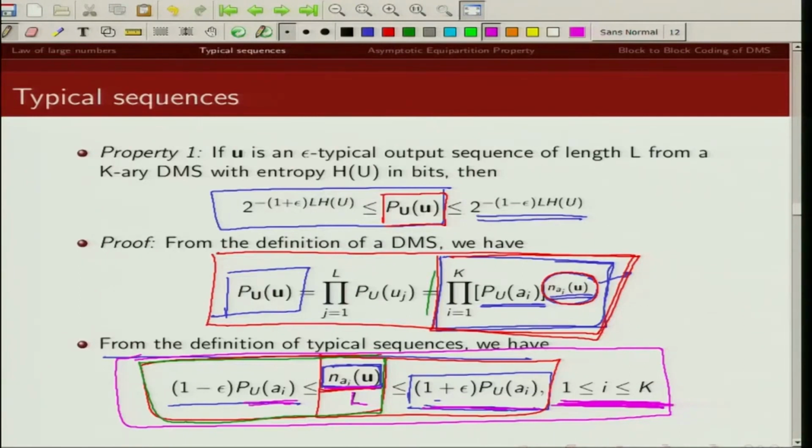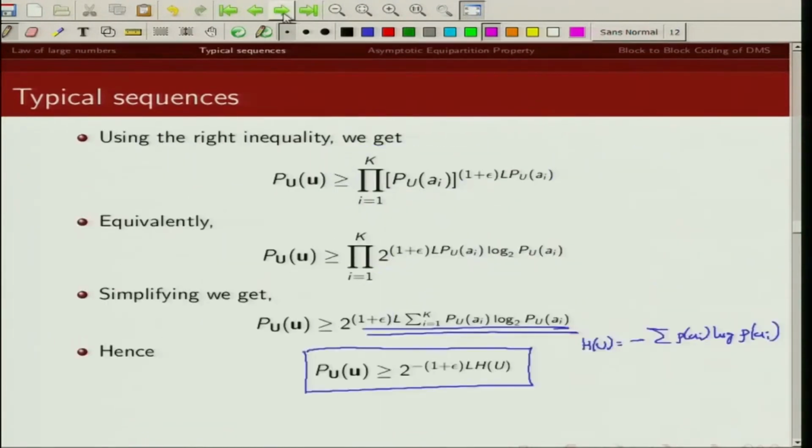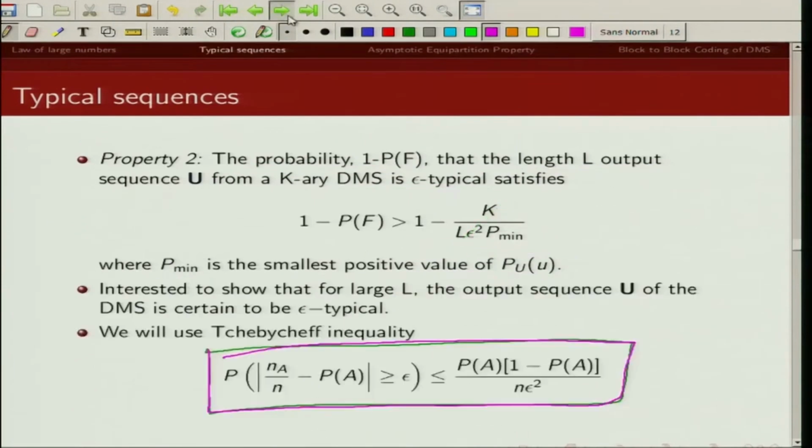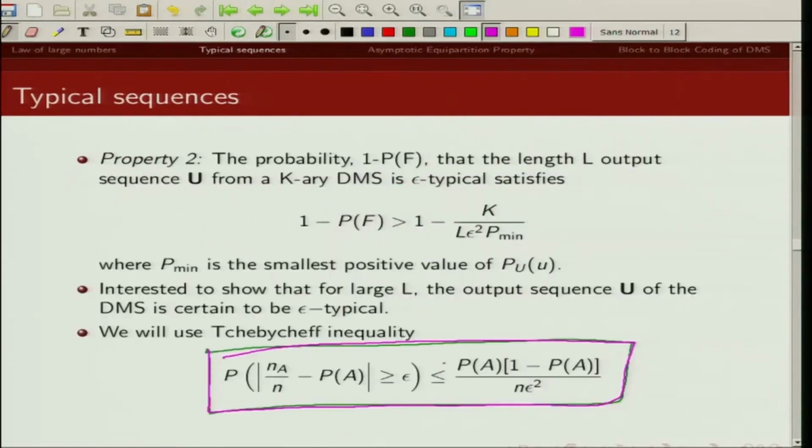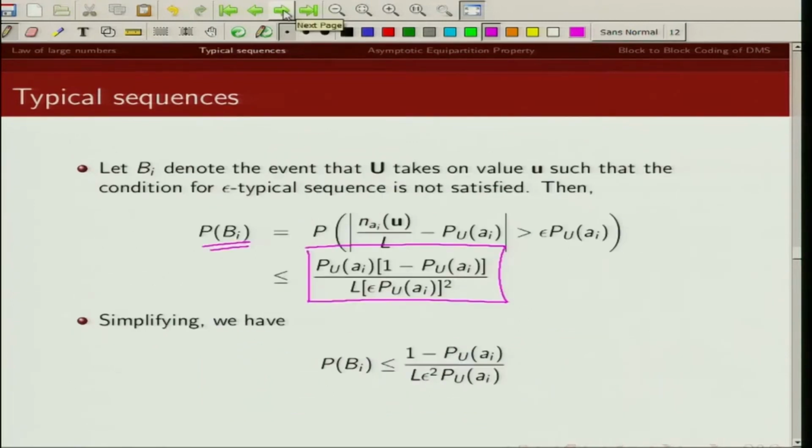So if any of the Ais does not satisfy this condition, then u is not going to be an epsilon typical sequence. So now when we plug into this particular expression that we have derived, the probability that we get is as follows.